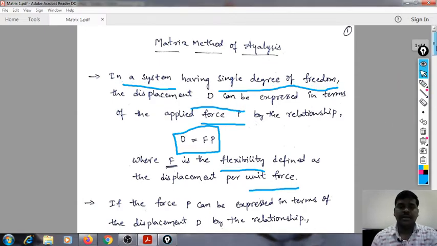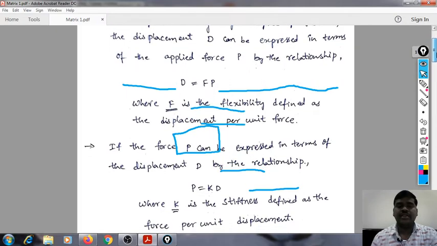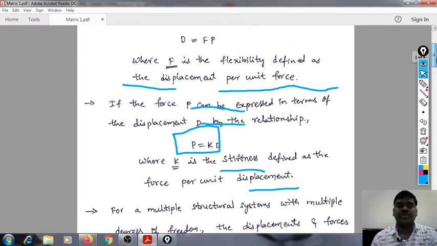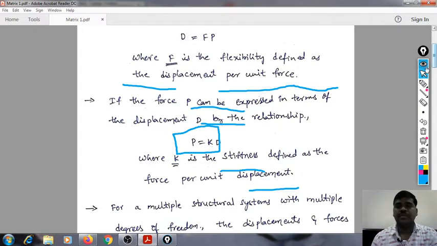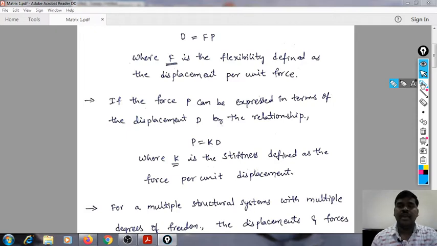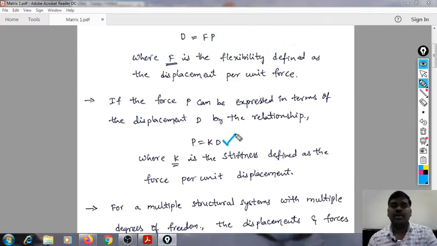Next, the force can be expressed in terms of the displacement d by the relationship P is equal to K into d. Here displacement is equal to F into P, where F is the flexibility. So the force can be expressed in terms of displacement as P is equal to K into d, where K is called the stiffness.